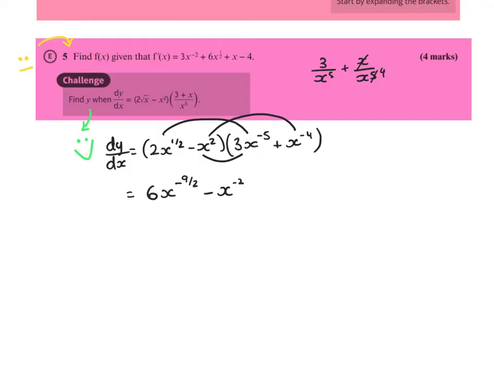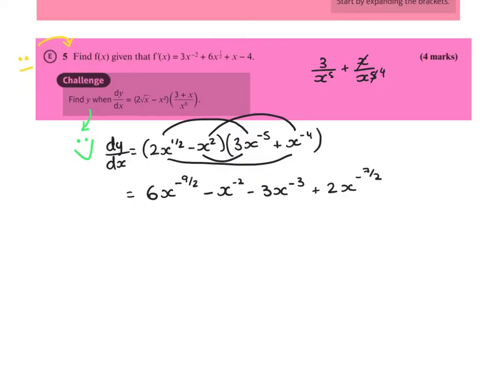Negative x squared multiplied by 3x to the negative 5 is negative 3x to the negative 3. And then lastly, we're going to get 2x to the half times x to the negative 4. A half plus negative 4 is negative 7 over 2.